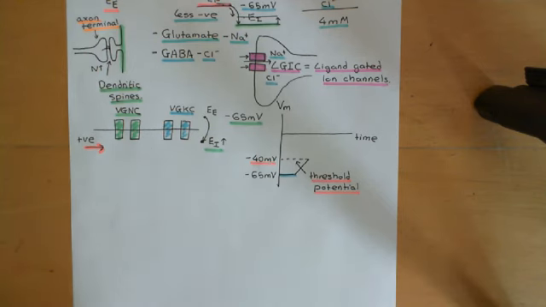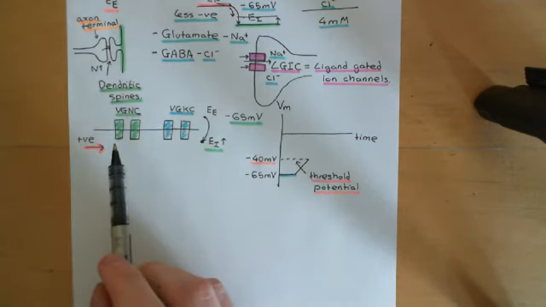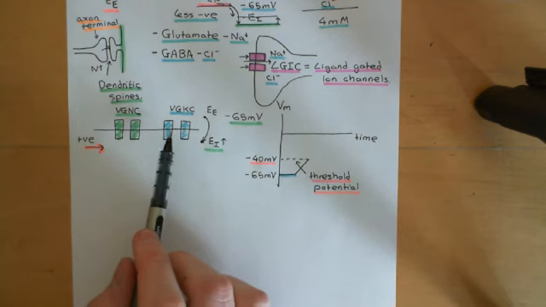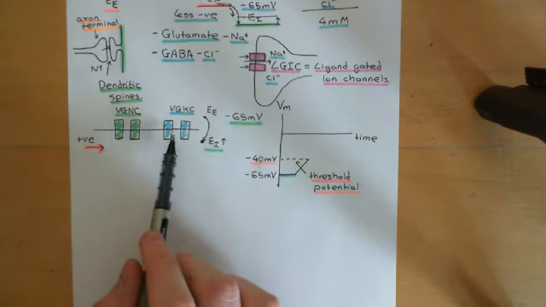Now, what actually is an action potential? What is going to happen? When you get the electrical potential difference across the cell membrane up to the threshold potential, the voltage-gated sodium channels and, in fact, the voltage-gated potassium channels are going to be activated to open.